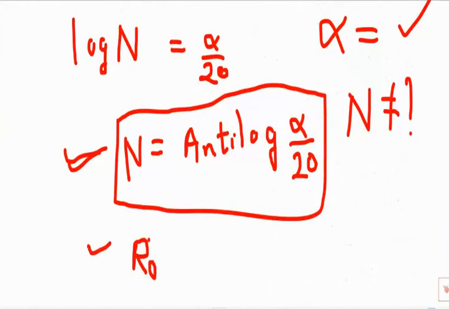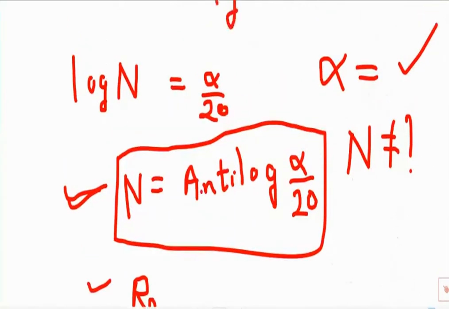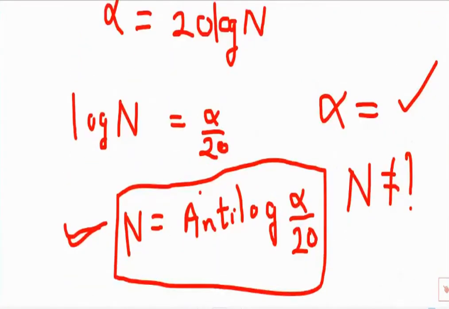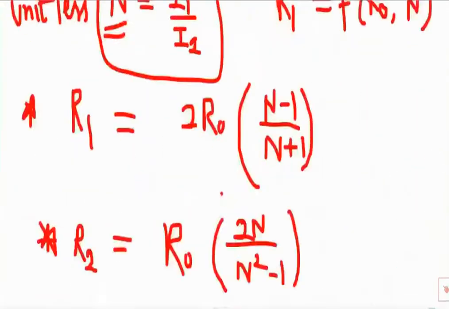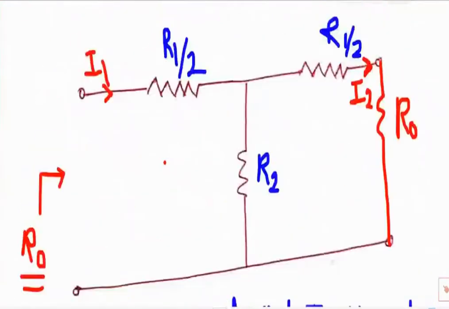Once we have capital N and R0, what can you calculate? You can calculate R1 and R2. Once you have calculated R1 and R2, you can draw the diagram with proper component values. That completes the design portion.